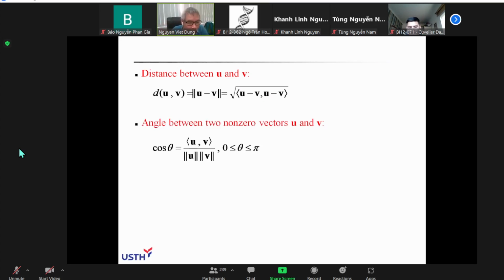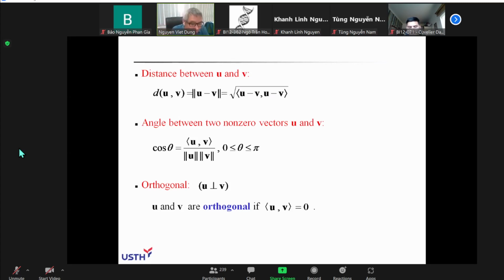We define the angle like that, and then we can define orthogonality: two vectors are considered orthogonal if and only if their inner product equals 0. But now, once again, you see, those notions depend on the inner product.